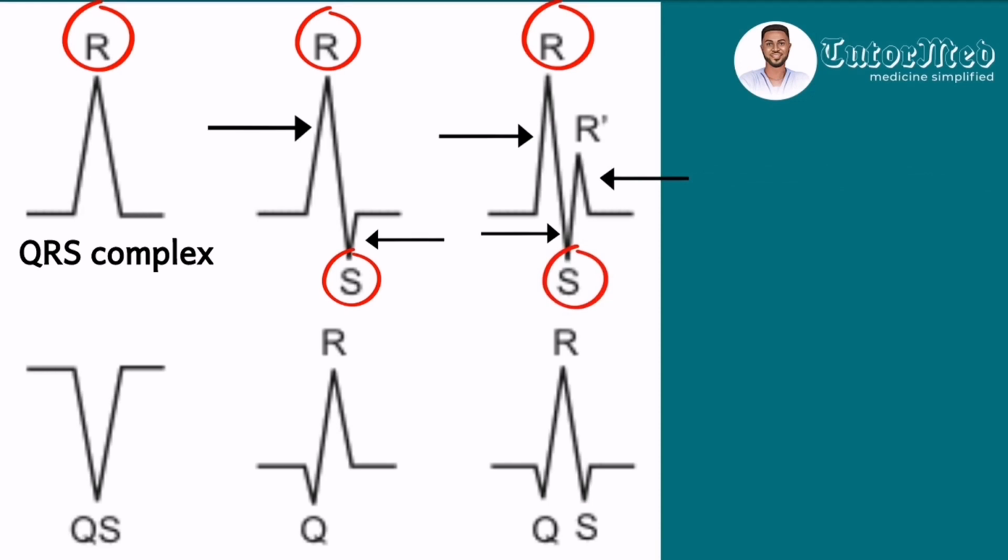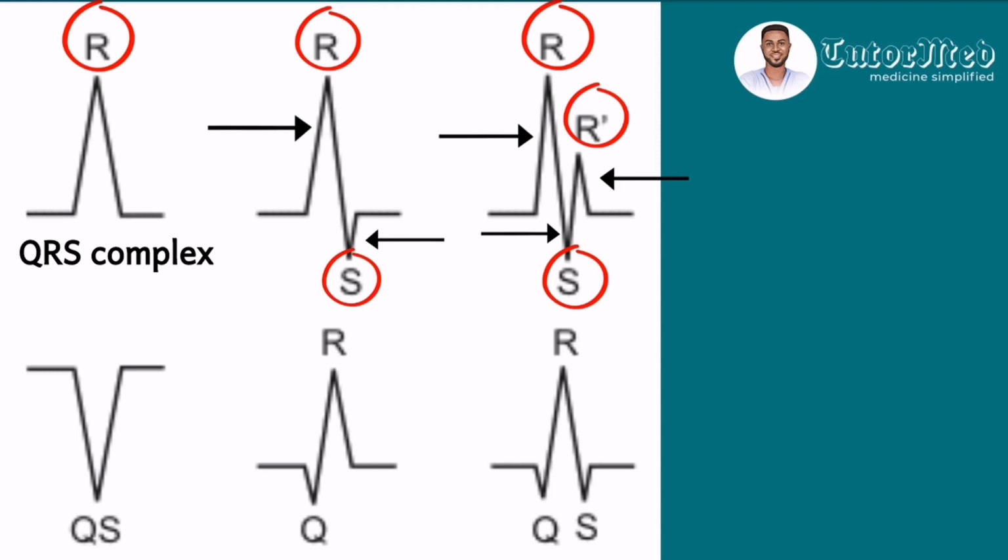Yes, by definition, every positive is an R wave. But to differentiate it from the previous positive, instead of calling it an R wave, we label it as an R prime. And so this QRS complex technically is an RS-R prime complex.